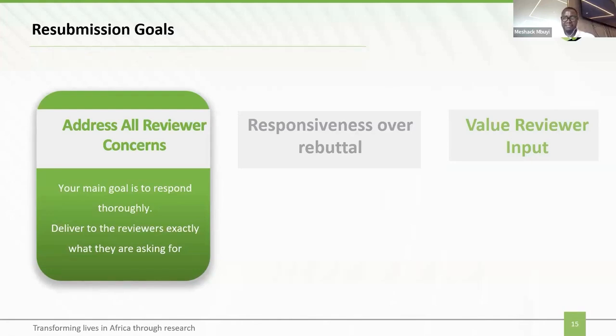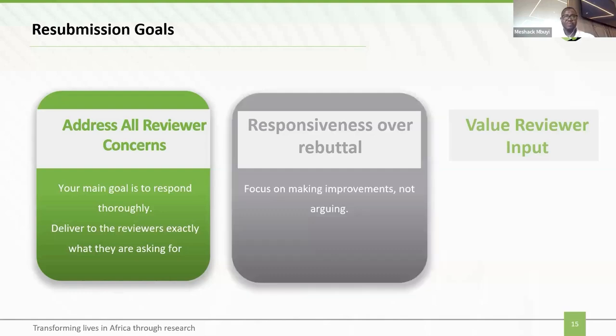The other goal is that you need to be more responsive and not rebuttal. Remember, as we said, the reviewers are on the same side as you. They are not your opposition. So when you're resubmitting your application, you need to be responsive.